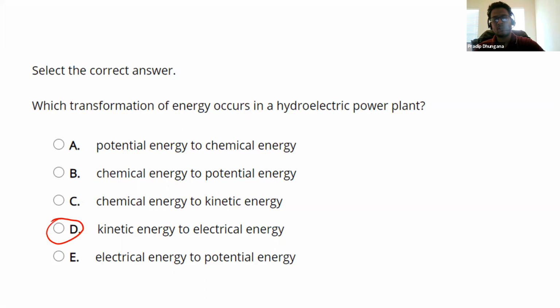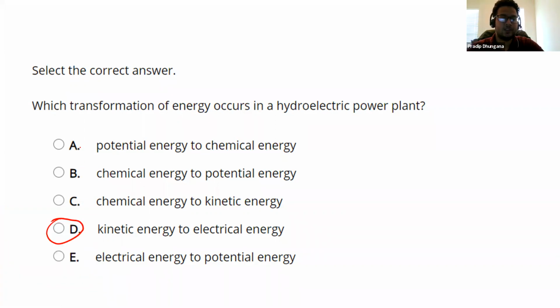That means when water runs, there is kinetic energy, and when that kinetic energy rotates the turbine, it is converted to electrical energy. You can think in that way.